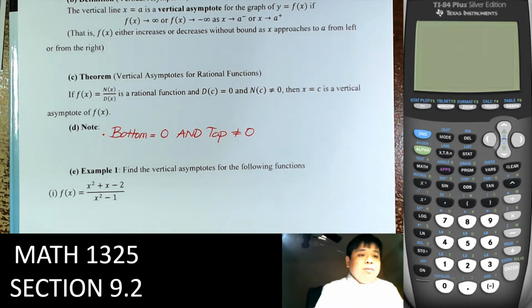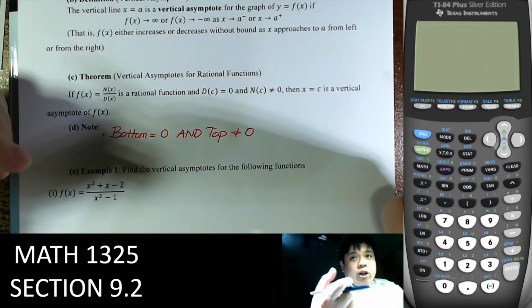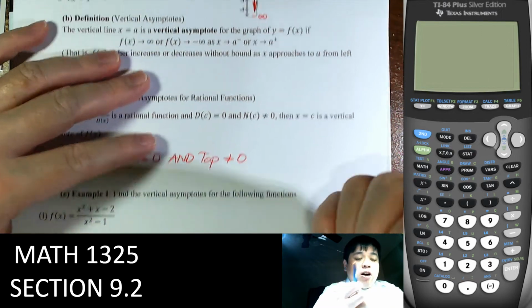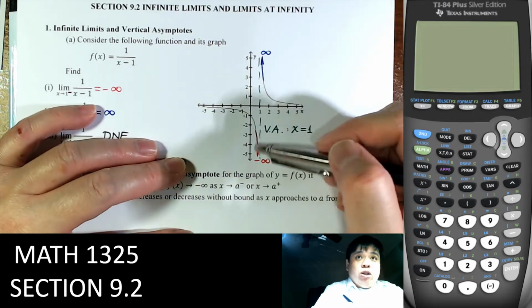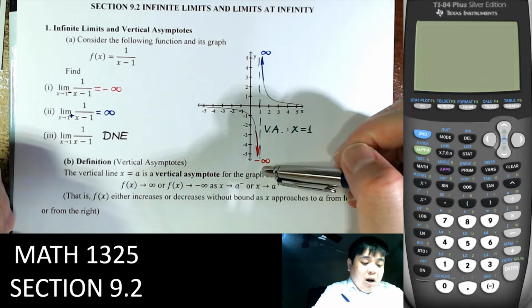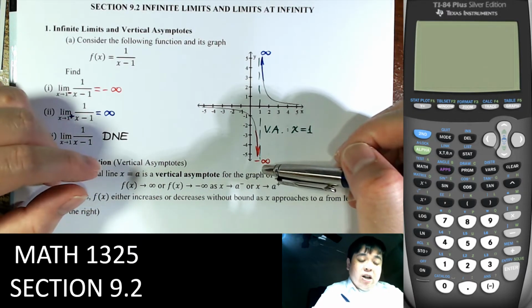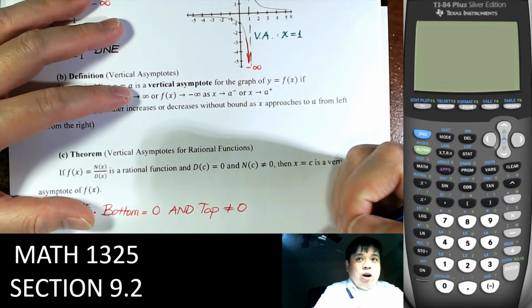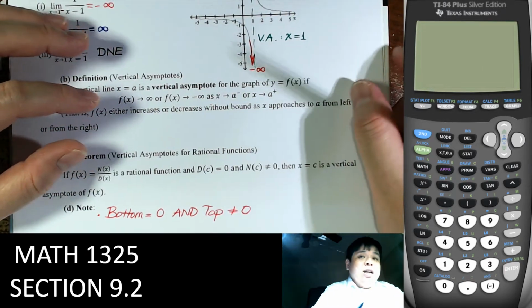The reason we need the bottom equal to 0 is because the function when divided by 0 is undefined. As you see, where there's the vertical asymptote, the function is undefined. So that's why we want the bottom equal to 0. And we do need the top not equal to 0 as well, because 0 over 0 is indeterminate.